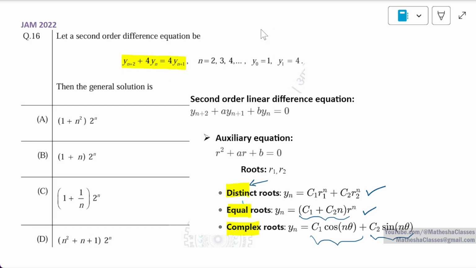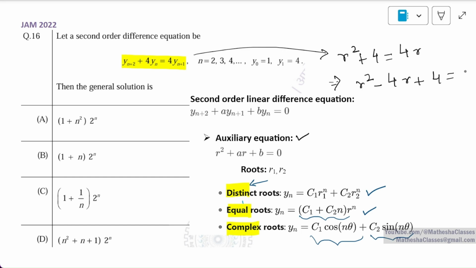So first of all, we need to form the corresponding auxiliary equation. So what will be the auxiliary equation? r^2 + 4 = 4r. That means r^2 minus 4r + 4 = 0. Now what are the roots of the equation? Note carefully, this is none other than (r minus 2)^2.